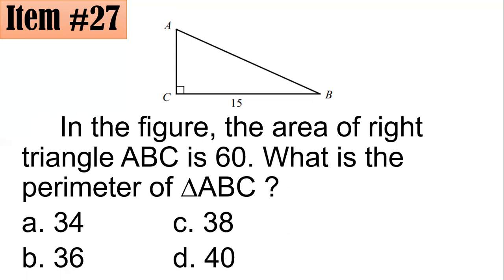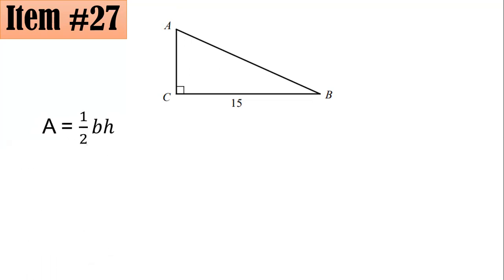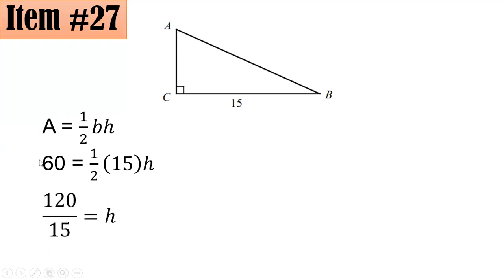From this one, you could see that the area is given, and we know that area equals 1/2 base times height. So this CB here could serve as the base, and this AC could serve as the height. We're given the area to be 60, so 60 equals 1/2 times 15 times the height of this AC, which I represent with H. Multiplying both sides by 2, you will get 120 equals 15H.